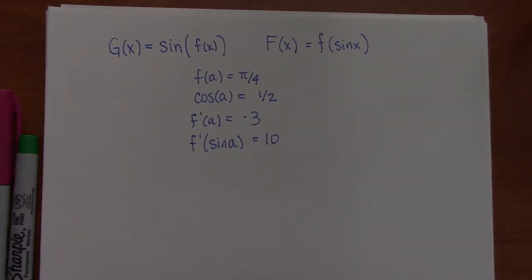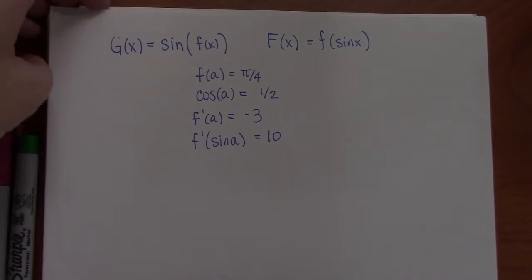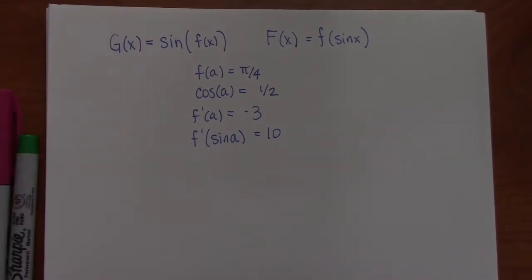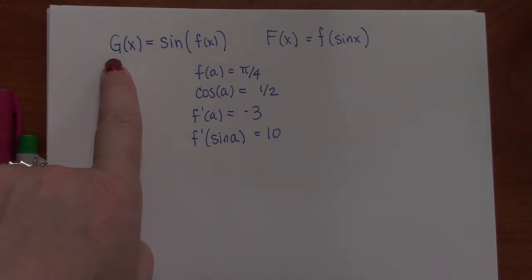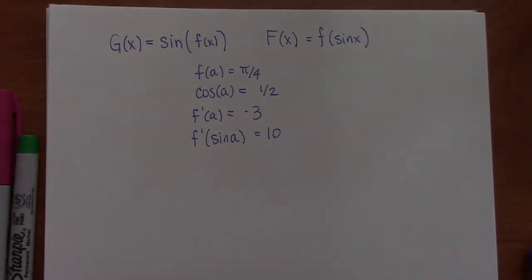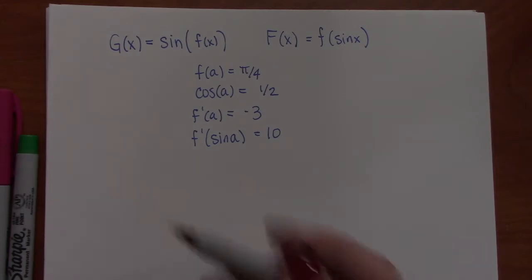So what we were doing here was giving you a chain rule problem where we wanted to know if you could follow the procedure without there being functions given. Did you really understand procedurally what to do with a chain rule problem? The first thing that's really helpful with these is to find capital G prime of A and capital F prime of A by first finding the derivative of the function.